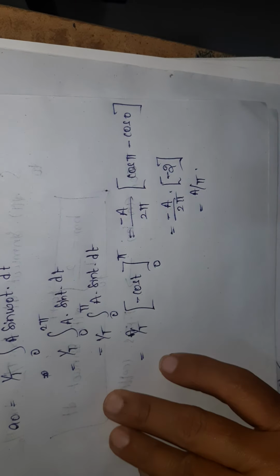Next, what do we have to calculate? The next Fourier coefficients are a n and b n. First, how to calculate a n?